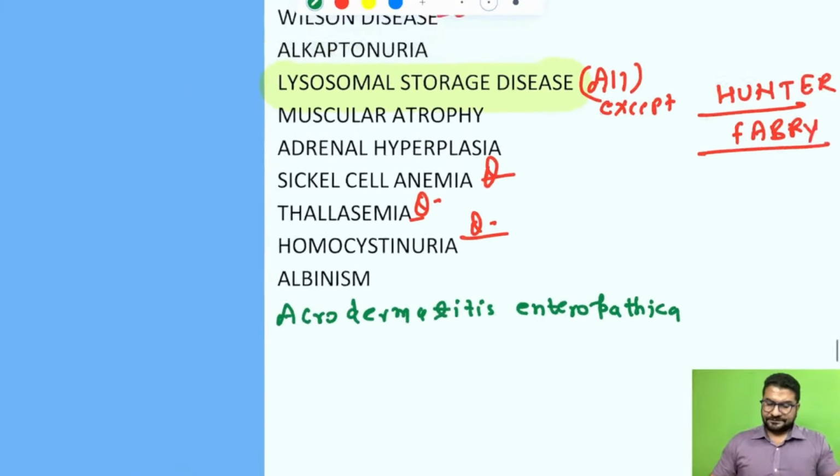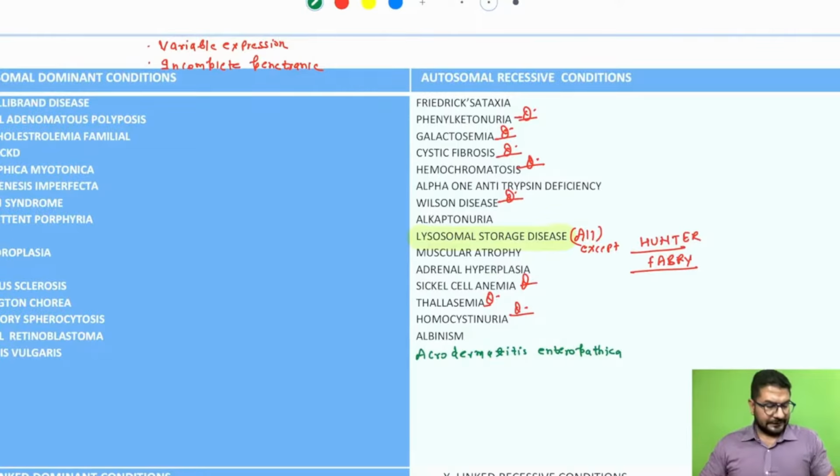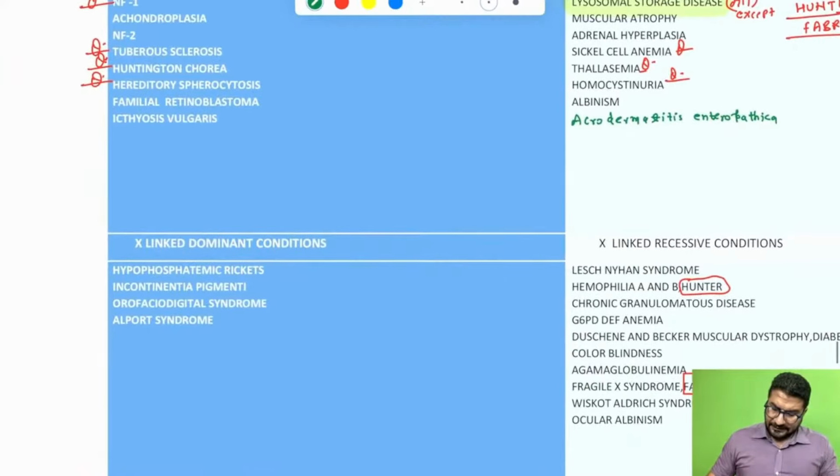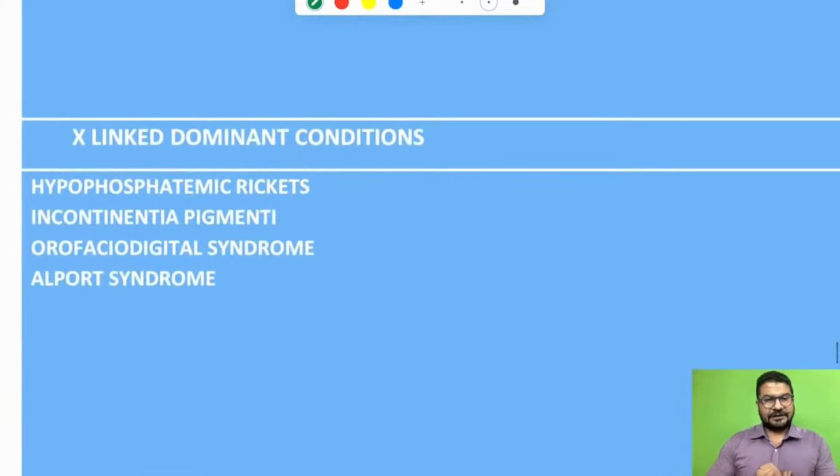This is also autosomal recessive, right? Now coming to X-linked dominant condition. So X-linked dominant condition, we have hypophosphatemic rickets, incontinentia pigmenti, orofaciodigital syndrome, Alport syndrome.